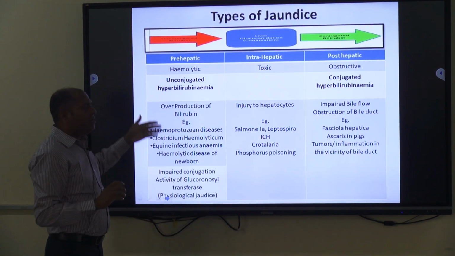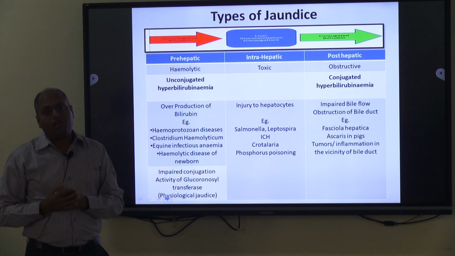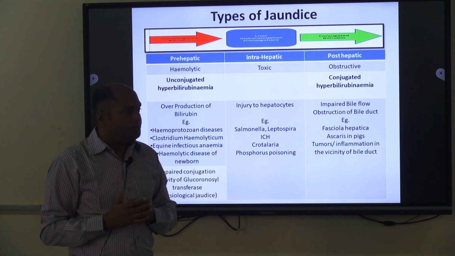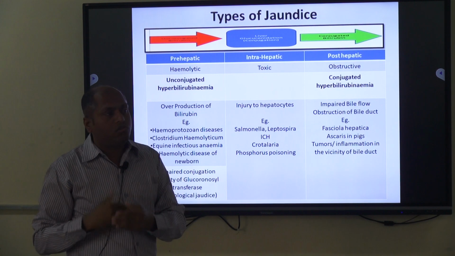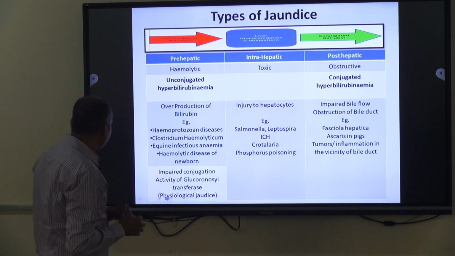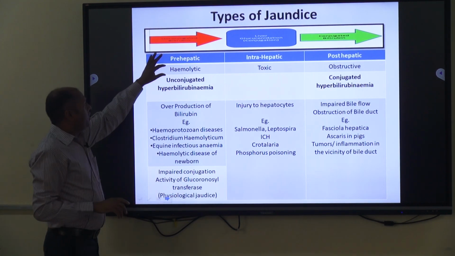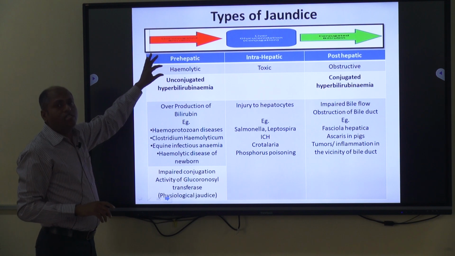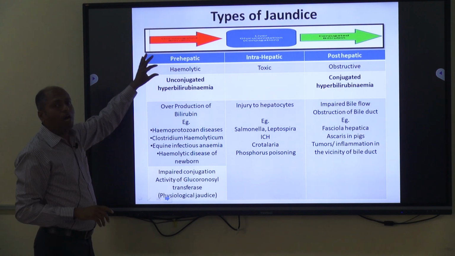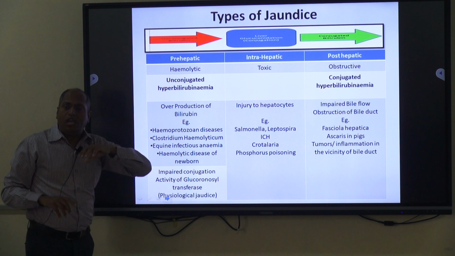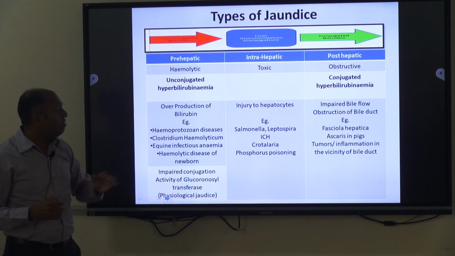Now coming to the causes. It is very important to know the causes because that is how we can treat the animal. Something which is causing excessive hemolysis or RBC destruction. In veterinary practice, hemoprotozoan diseases are very important.